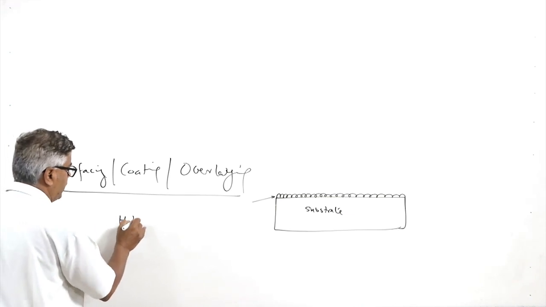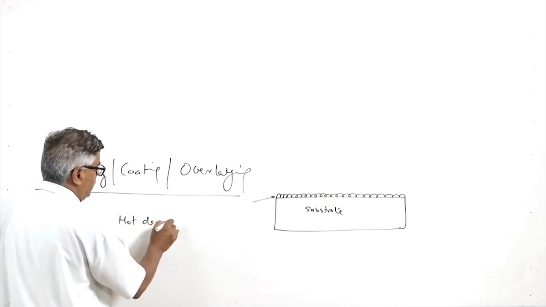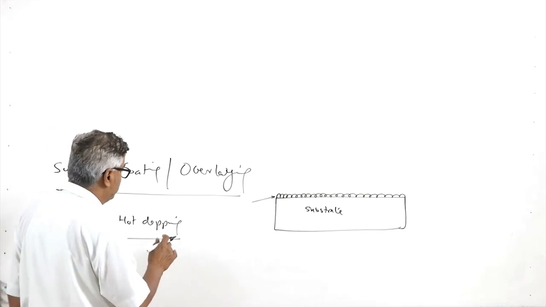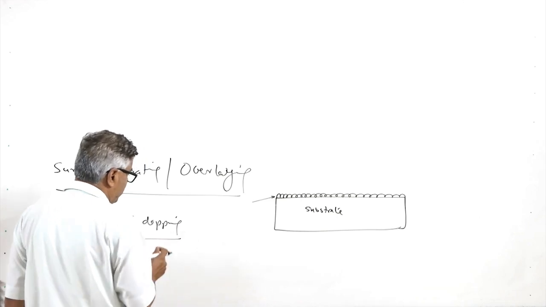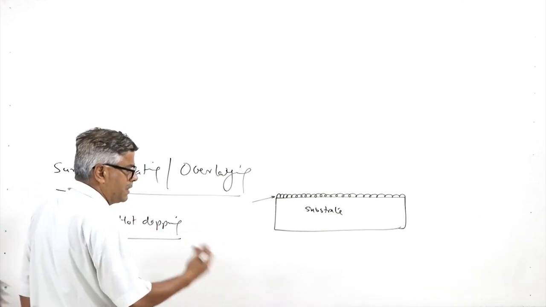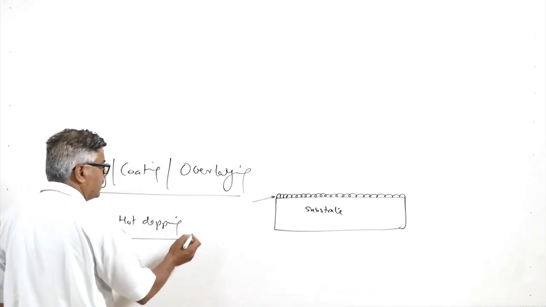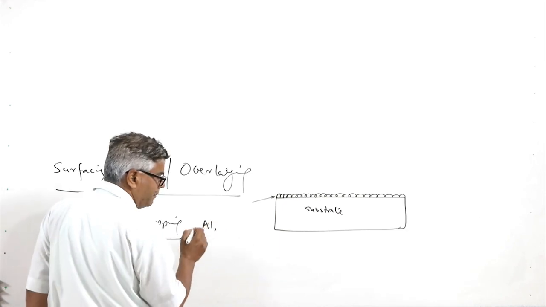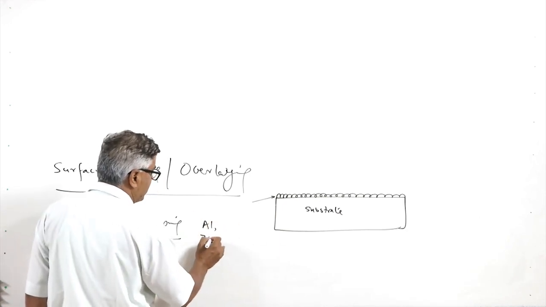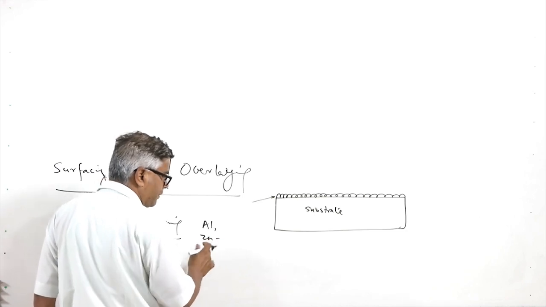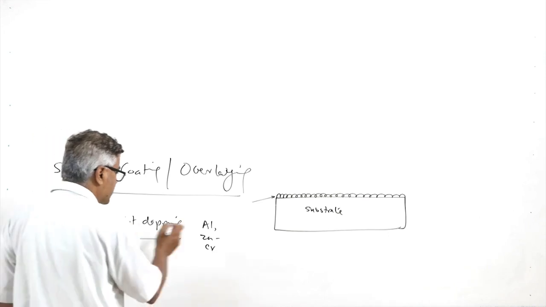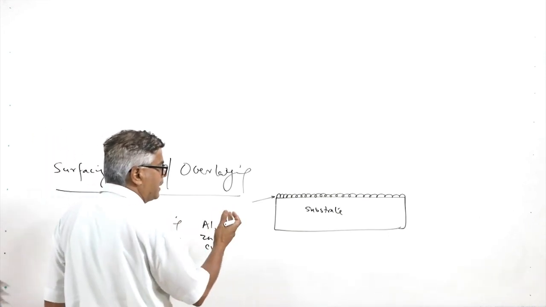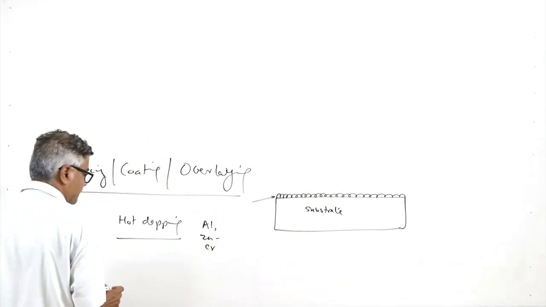One is called hot dipping, which is used for aluminizing, chromizing, galvanizing. As per the kind of elements, aluminium for aluminizing, zinc for galvanizing, chromium for chromizing, these kinds of processes are used in this category. Basically, a liquid bath is used for this purpose.